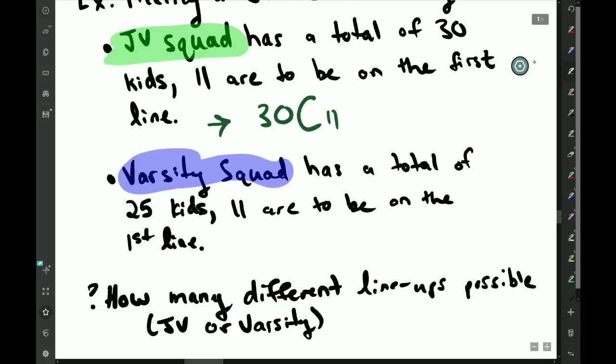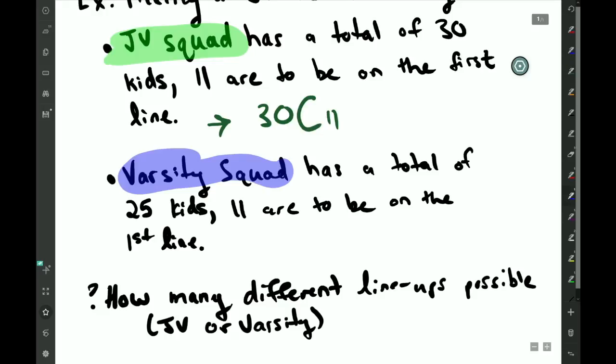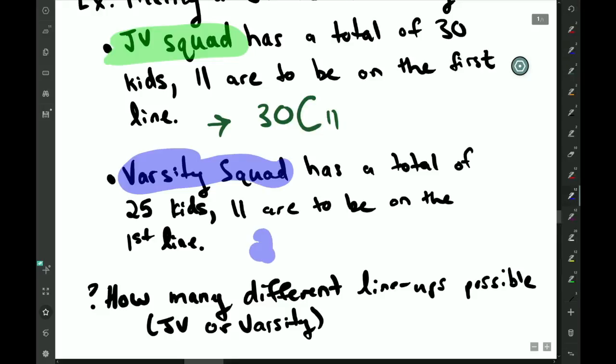For the varsity squad, again, order not mattering, there are 25 students. And I'm picking 11 of them.